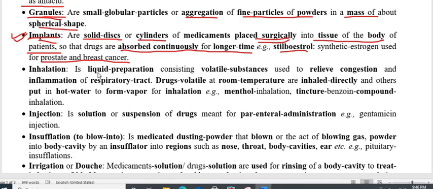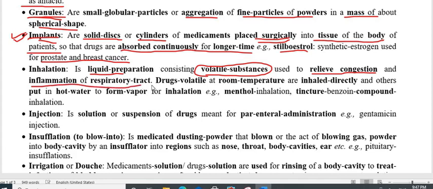So inhalation is a liquid preparation that contains a volatile substance. The important thing is the volatile substance. If the substance is volatile, it will easily come through the respiratory passage up to the lungs, and it relieves congestion as well as inflammation of the respiratory tract.